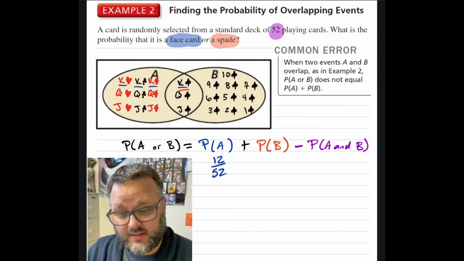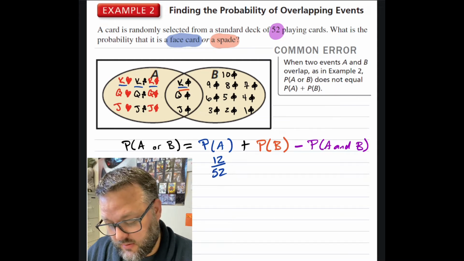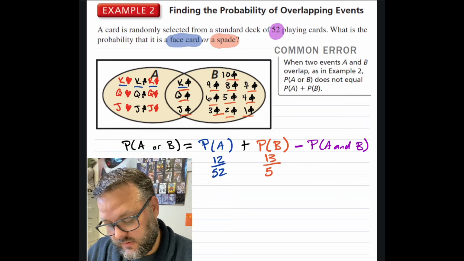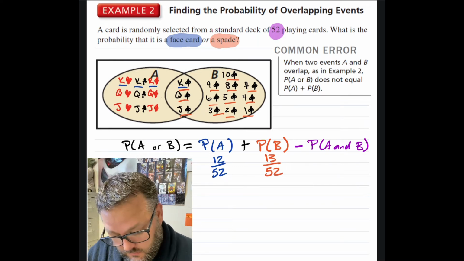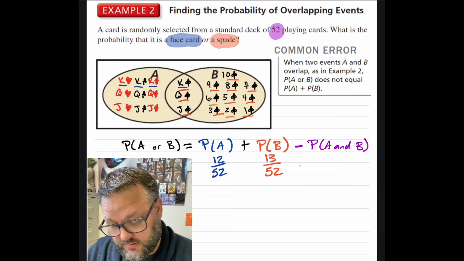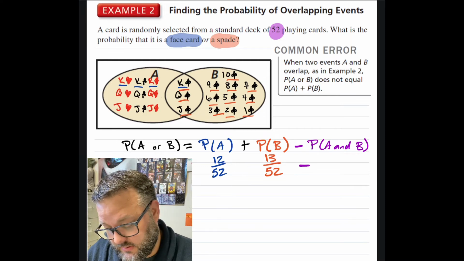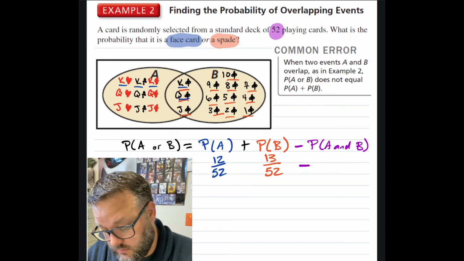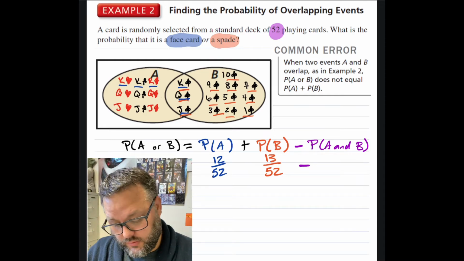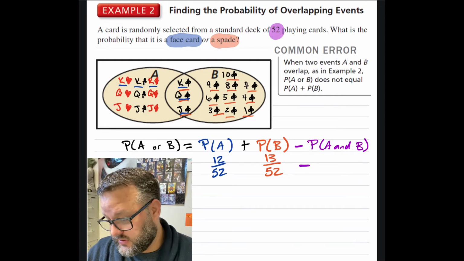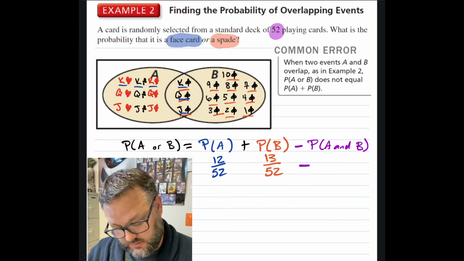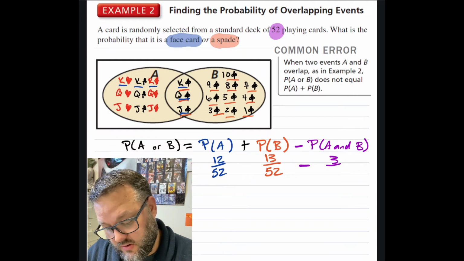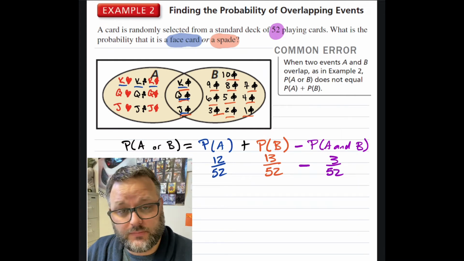See, I'm double counting that king because the king is a spade, and I got 1, 2, 3, 4, 5, 6, 7, 8, 9, 10, 11, 12, 13 spades. And the problem is I've double counted those 3 cards. So that means I have to back those 3 cards out of the 52.